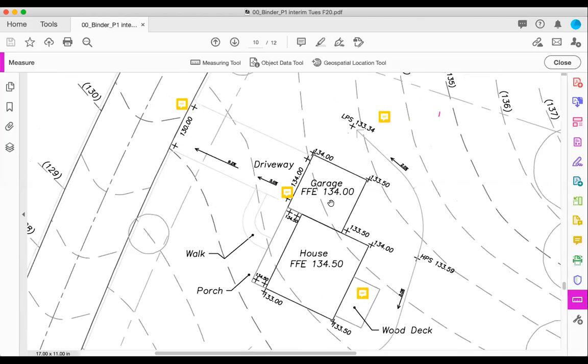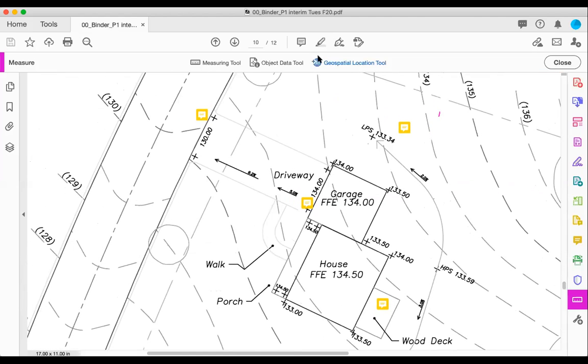So once you correct this area and you mark out the 10-foot, if this is 10 foot, that would be 133.5, right? You need to calculate this one though.